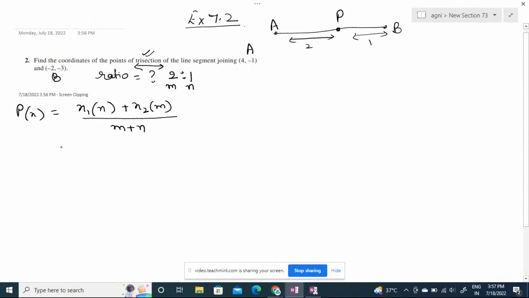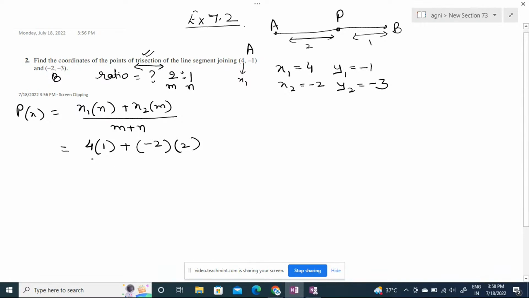Now I'm going to substitute the values. This is x1. You can write over here like this: x1 is equal to 4, y1 is equal to minus 1, x2 is equal to minus 2, and y2 is equal to minus 3. Now I'm going to substitute, that is 4 into 1 plus minus 2 into 2 over m plus n, that is 2 plus 1.